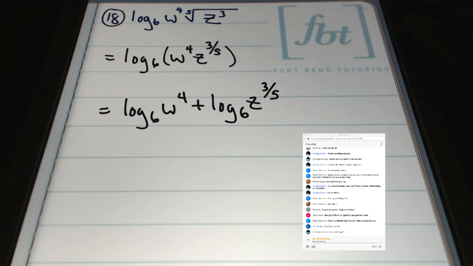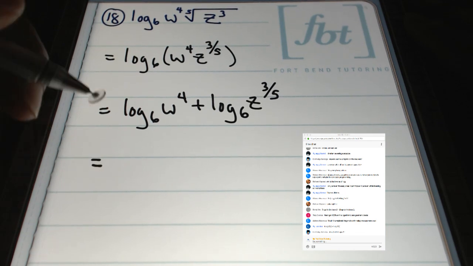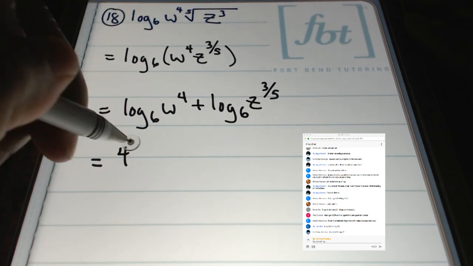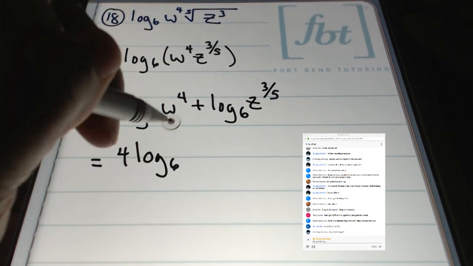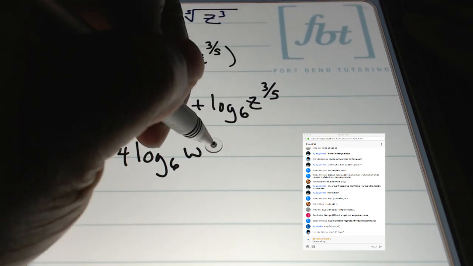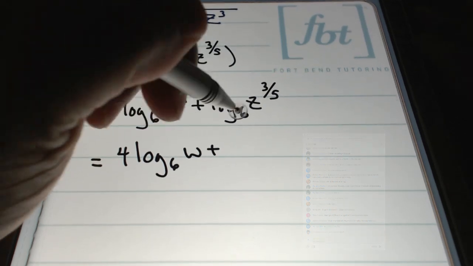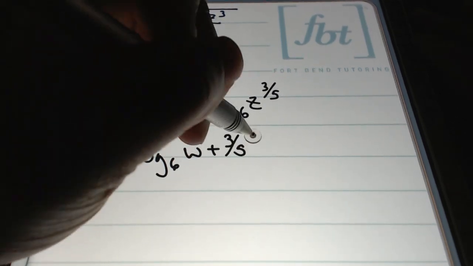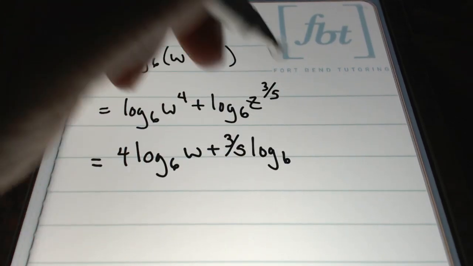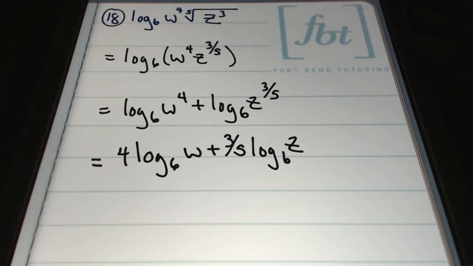We're now going to bring all of the exponents in front as coefficients on each term. So the first term becomes 4 log base 6 of w, plus 3/5 times the log base 6 of the variable z. And here we have our result.